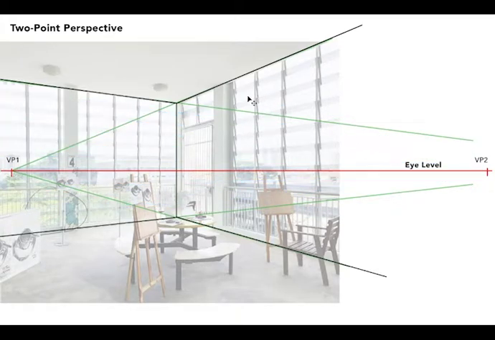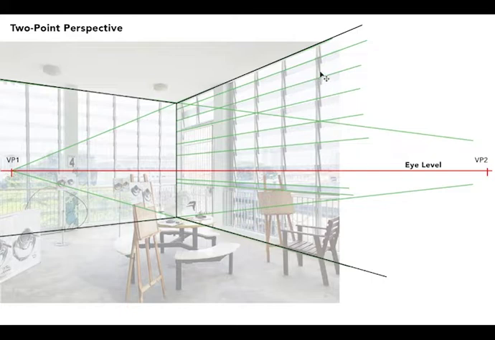Let's look at the lines on the window panes on the right. Can you see the lines? Now again, if you extend the green lines, they will go all the way to VP1 on the left.